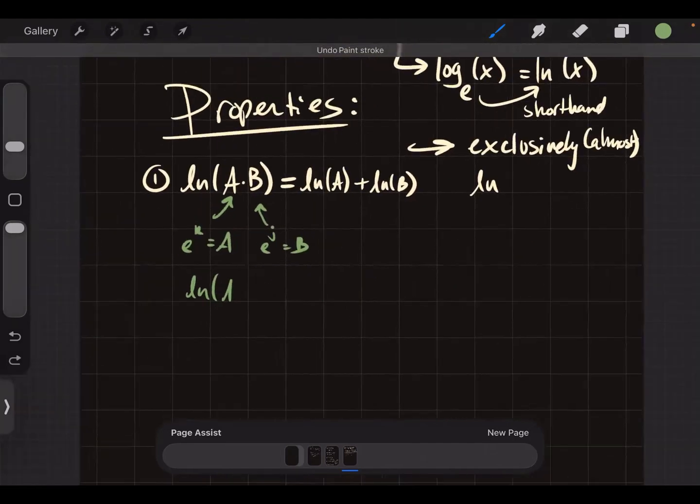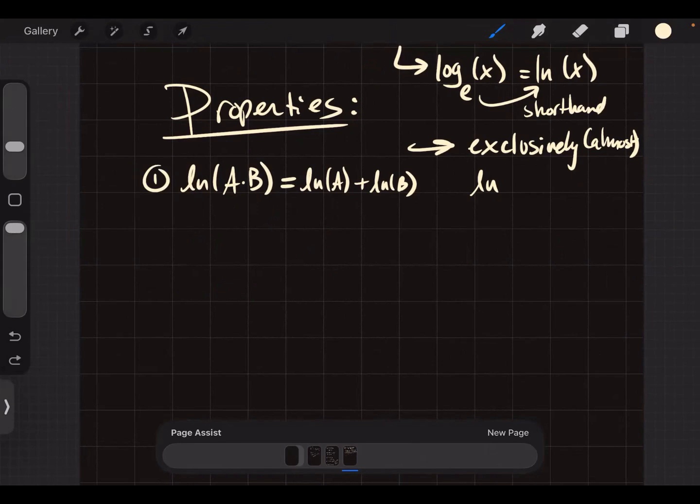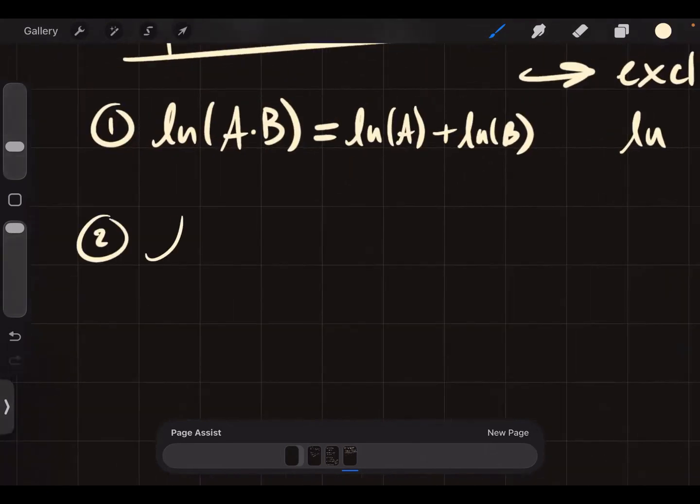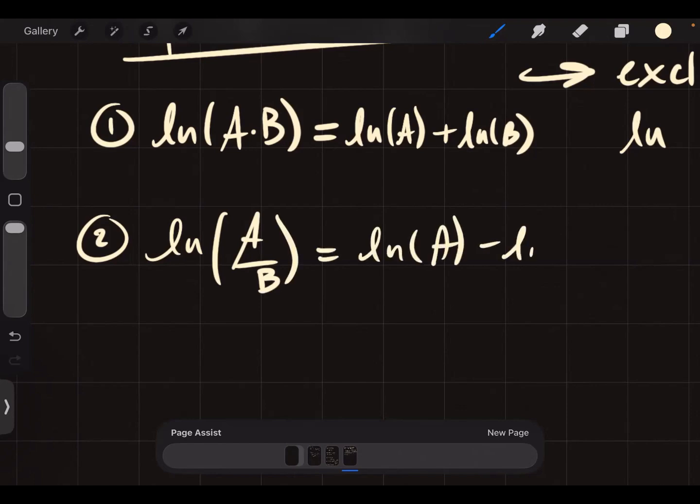The next thing we'll cover is ln of a divided by b. ln of a over b is ln of a minus ln of b. Same reason.